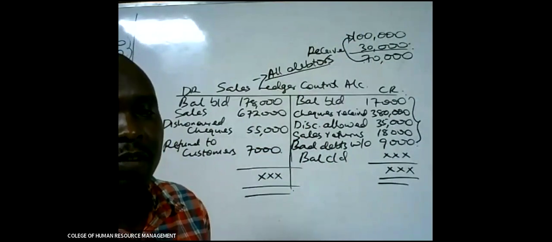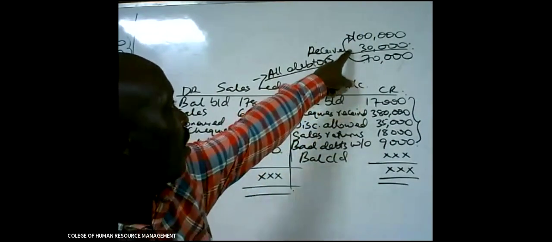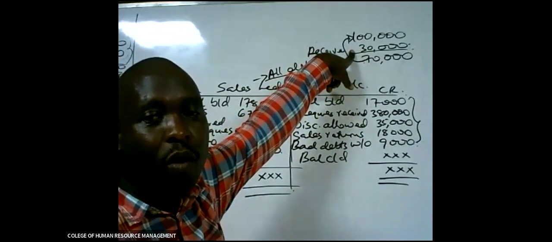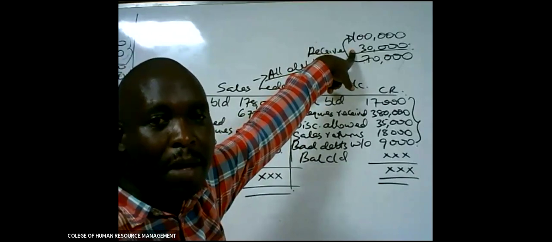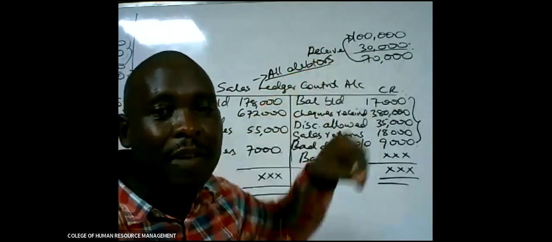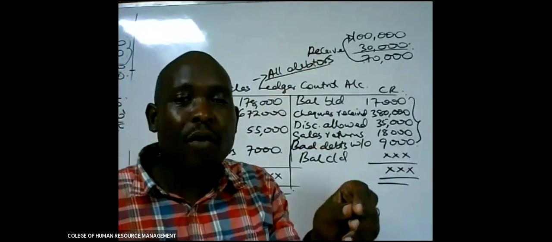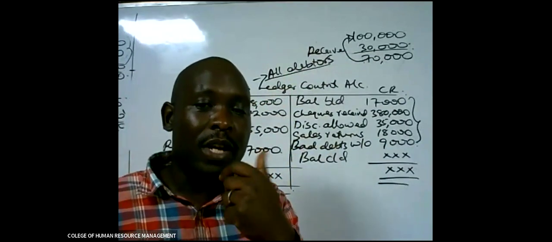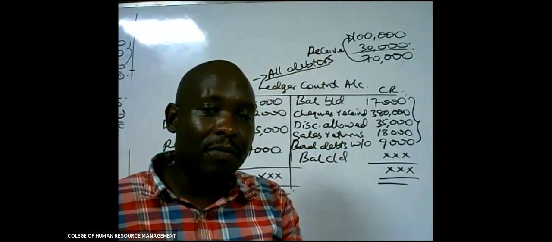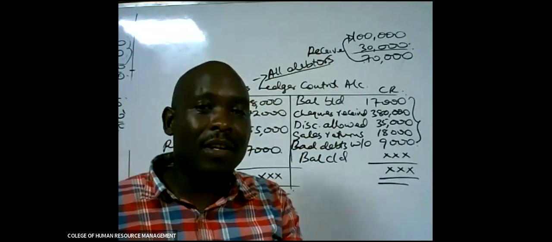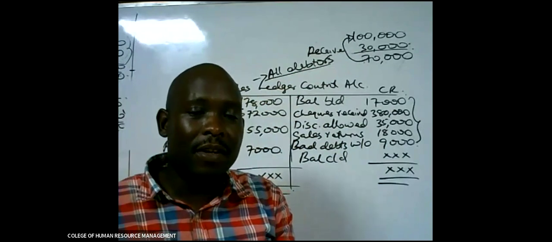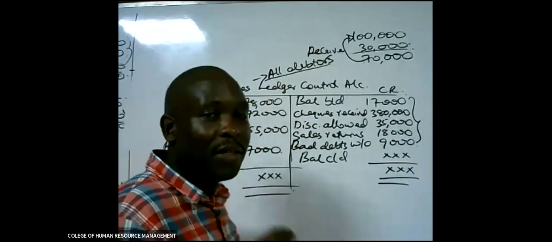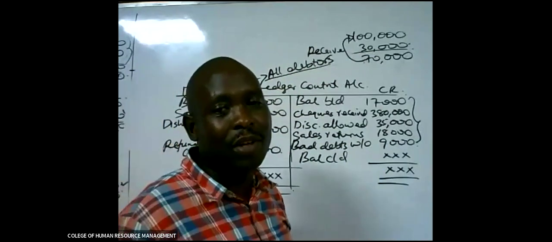Now, this is the case. What will happen if this person who has paid you 30,000 had overpaid you by maybe 5,000? Maybe there is a discount that you had allowed him. He forgot to deduct that discount. He just paid the full amount without deducting the discount of 5,000. And later he discovers and asks for a refund. When that refund is made, remember, you must receive your 100,000.